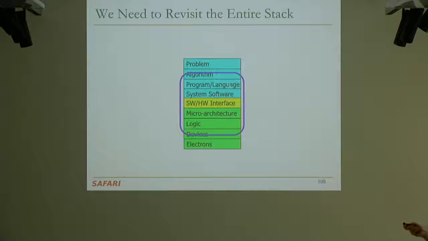Processing in memory requires a better hardware-software interface also. I didn't say that, but this sort of expressive memory is also very good for processing in memory because you can specify information about a code chunk based on information at the higher levels. You can specify that this particular data is very good for processing in memory, for example. We didn't do that, but I think that sort of interface enables that.